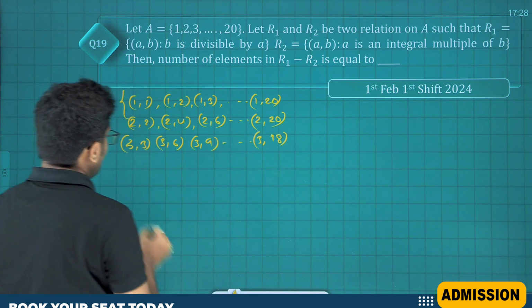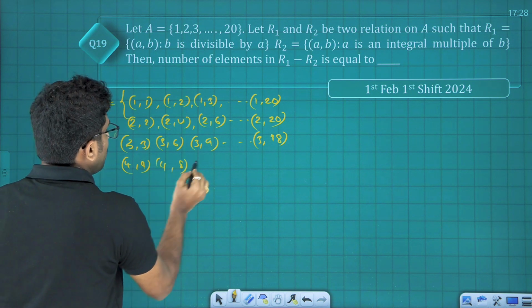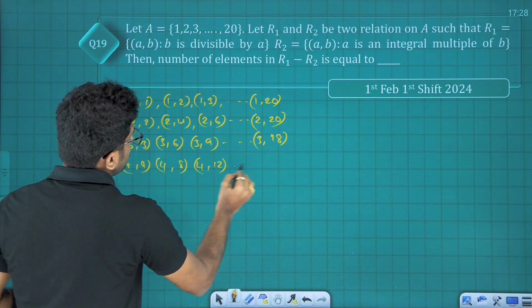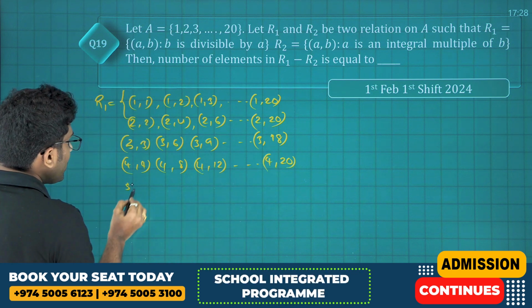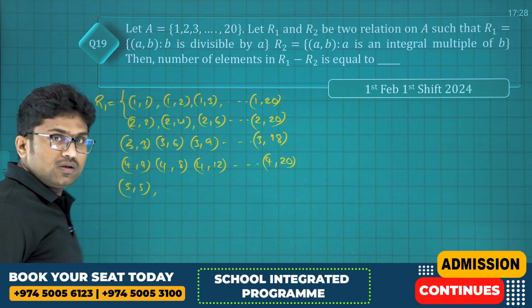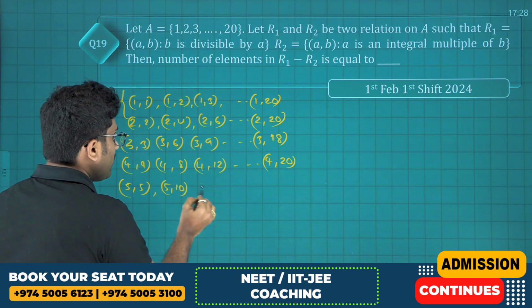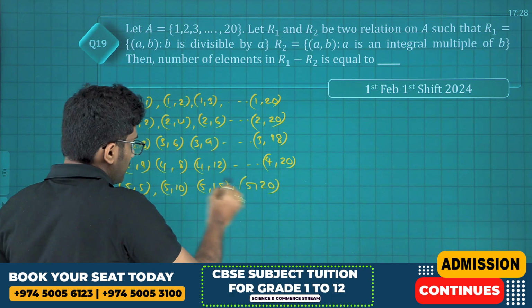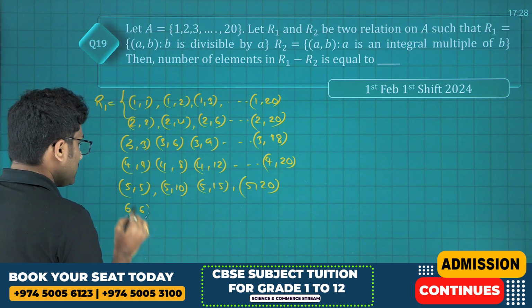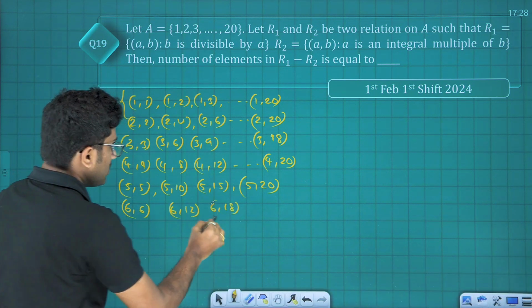In the same way, 4 comma 4, 4 comma 8, 4 comma 12, and so on till 4 comma 20. 5 comma 5, 5 comma 10, 5 comma 15, 5 comma 20. 6 comma 6, 6 comma 12, 6 comma 18.